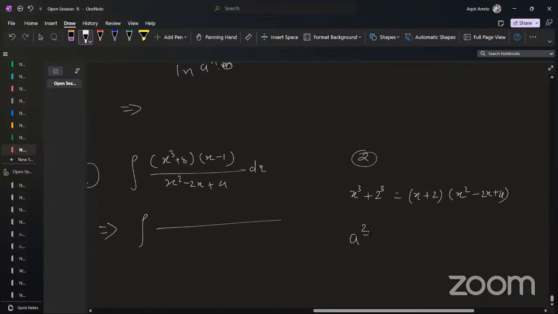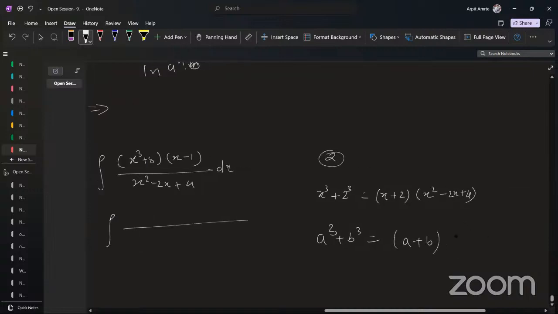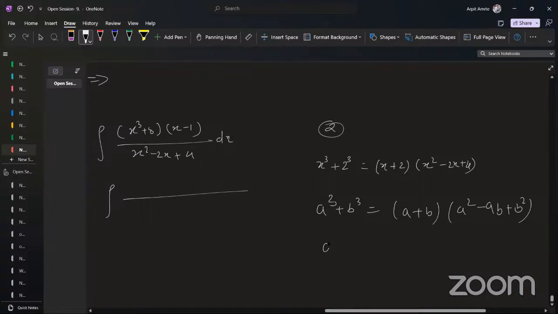If you have a cube plus b cube, then we can write it as a plus b, this plus will be there, and then a square minus ab plus b square. Right? And another formula that we have: a minus b, and then for this minus, it will be a minus b, and all the things will be plus. Okay, these are the two formulas that we have.